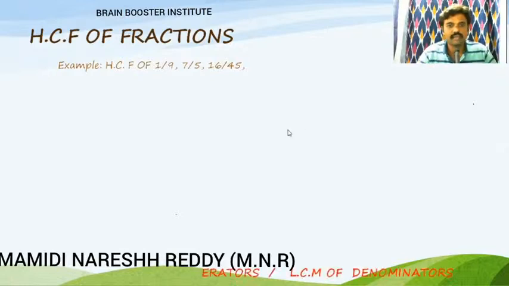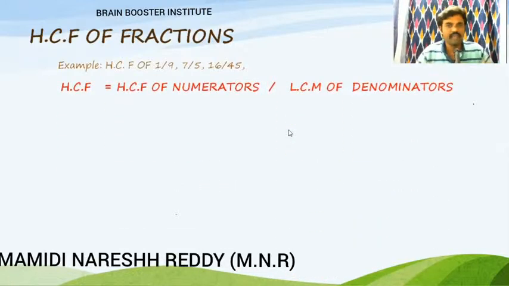So let us write the formula. The formula, as we have already learned, is HCF is equal to HCF of numerators by LCM of denominators. Now let's see how we can find the HCF of these fractions using this formula. The numerators are 1, 7 and 16.